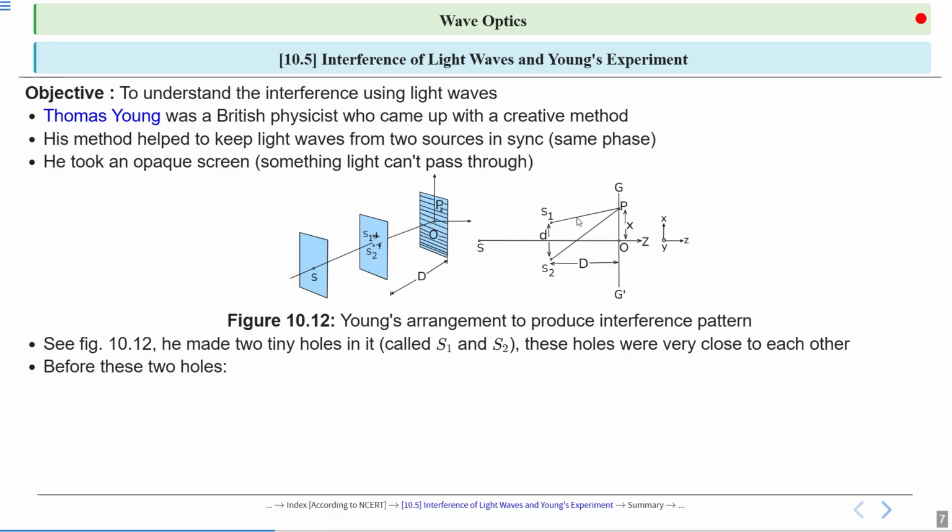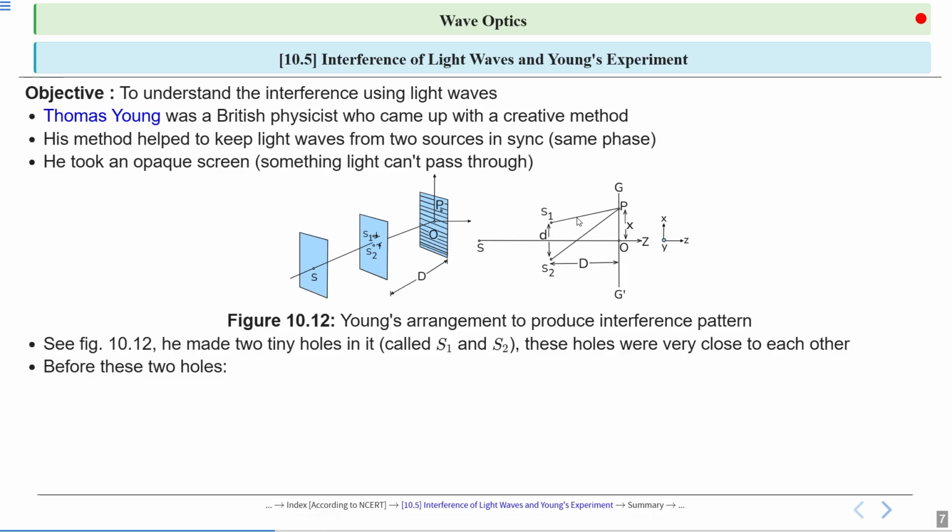It falls on S1 and S2, and S will behave as a single source. The light coming from S1 and S2 will be in phase, meaning the waves originating from the S1 and S2 slits will have the same phase difference at any point.